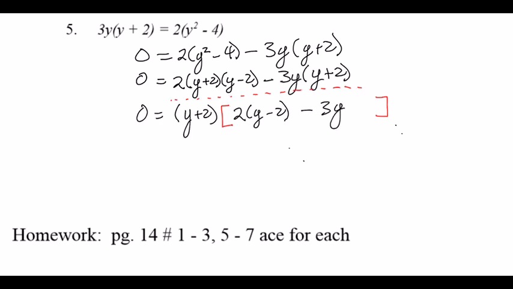So now all we have to do is our last step. I'm just going to bring down my 0, and I have y plus 2, and I have my square brackets again. And if we simplify this bracket by chasing waterfalls, we're going to get 2y minus 4 minus 3y.